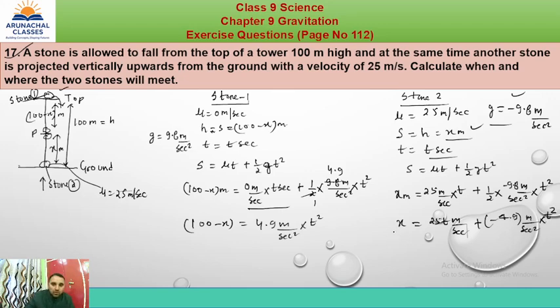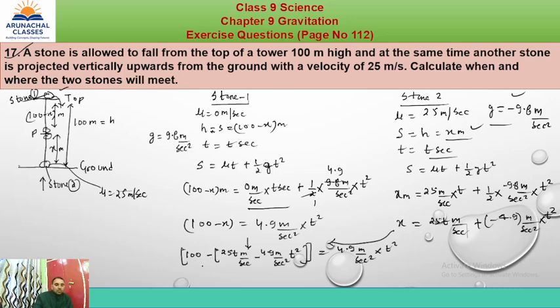Now we can use the x value and equate. We put the x value in the first equation, so it will be 100 minus the bracket 25t minus 4.9 t square, bracket close, equal to 4.9 t square.